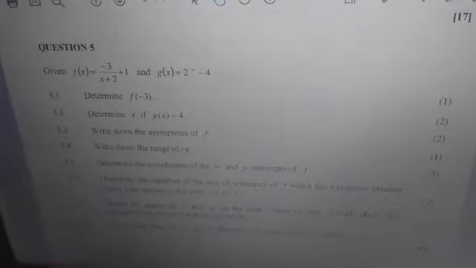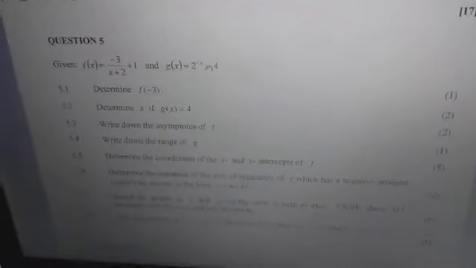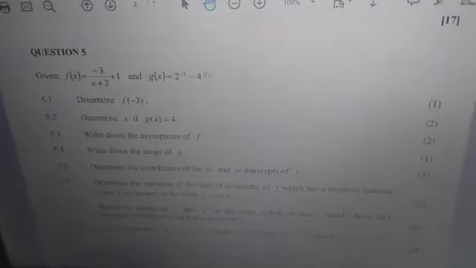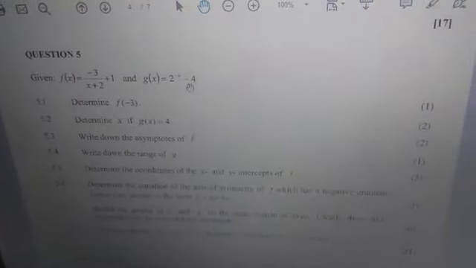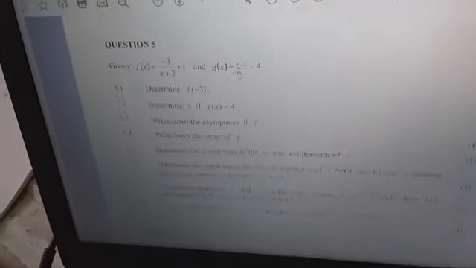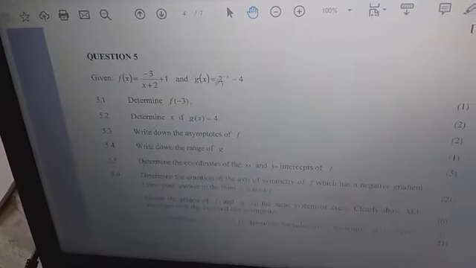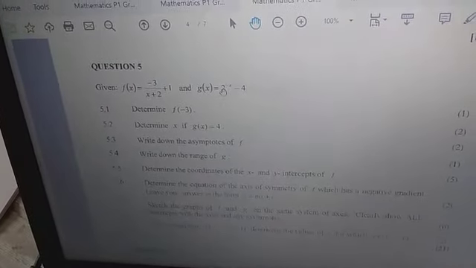Write down the range of g. This is a restriction of the graph. It means that the graph won't go below minus 4. And remember, the graph has to be above the asymptote because a is positive.